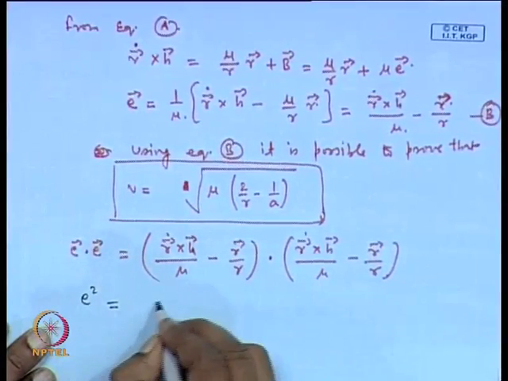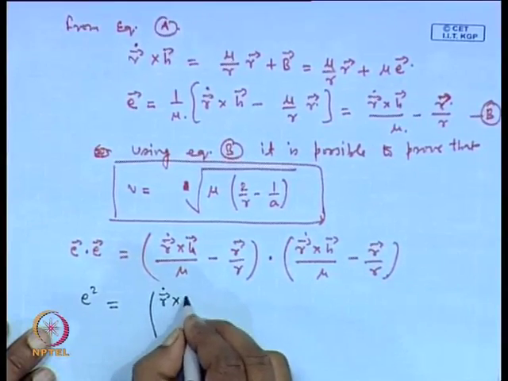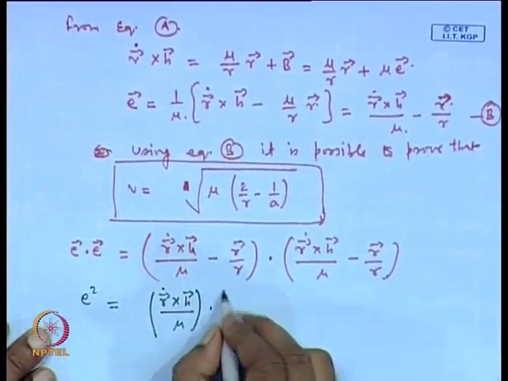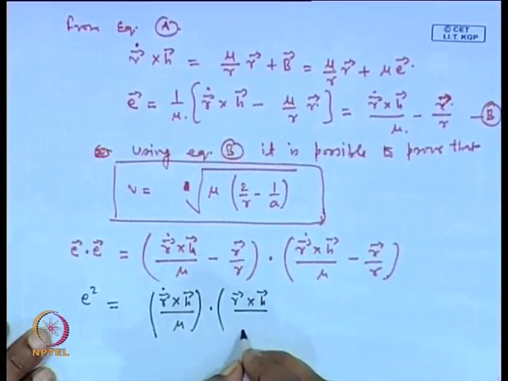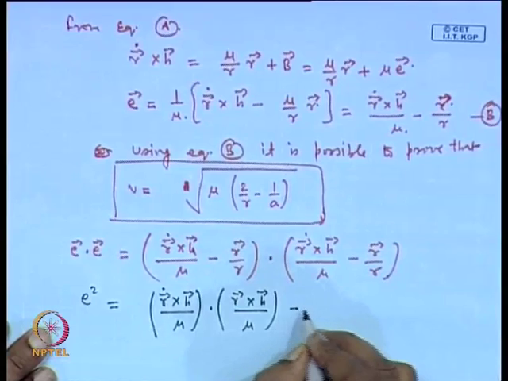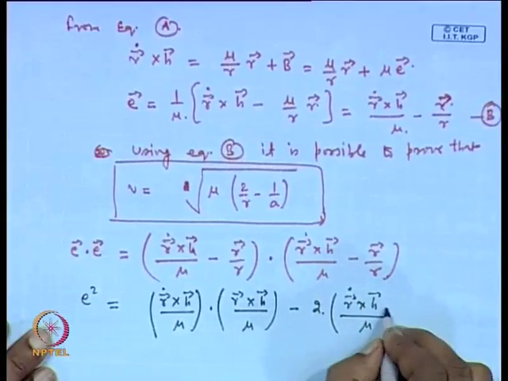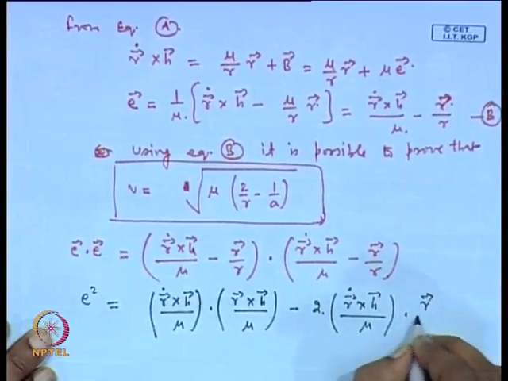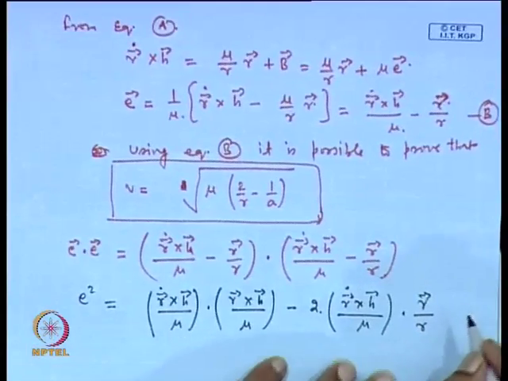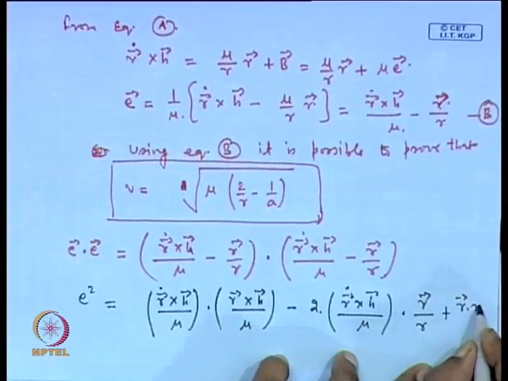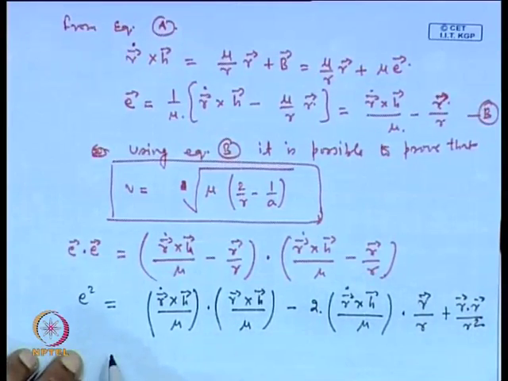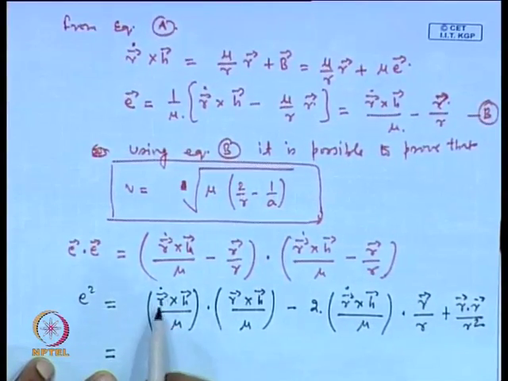So, first what we will do here, we write this in a resolved way, expand it and write it as r dot cross H by mu whole square, minus 2 times r dot cross H by mu dot r by r, and plus r dot r by r square. So, you see from here that r dot cross H is a vector which is lying in the plane of the orbit, because r dot is a vector in the plane of the orbit and H is a vector perpendicular to the orbit.